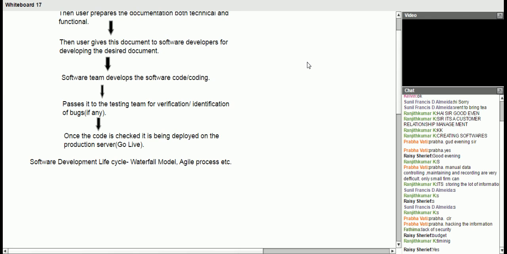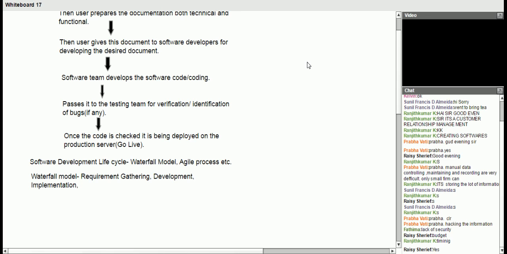What happens in these models? In one line, if I want to say: requirement gathering, then development, then implementation.